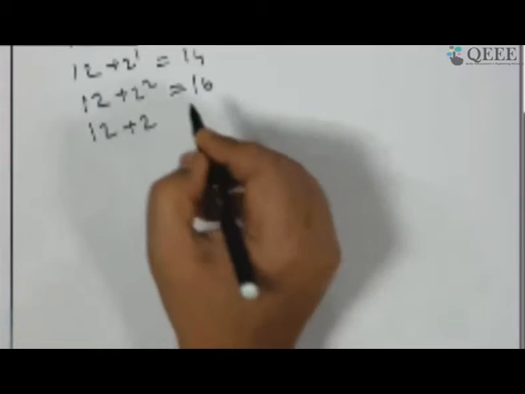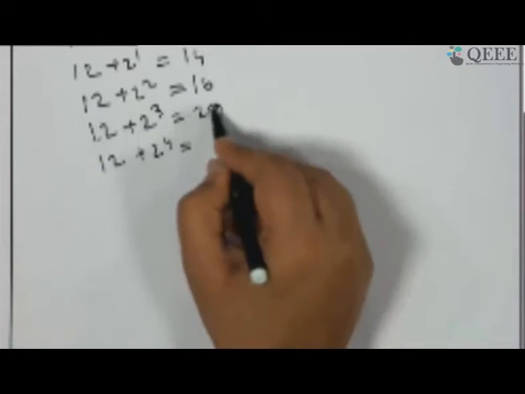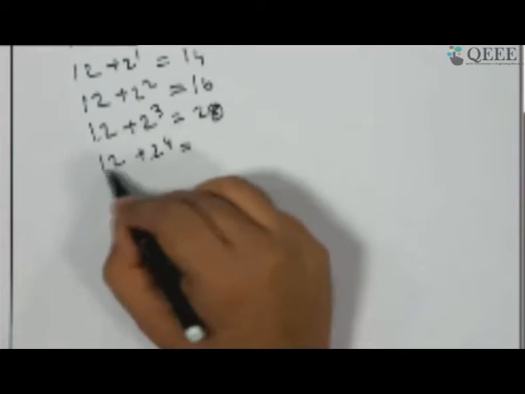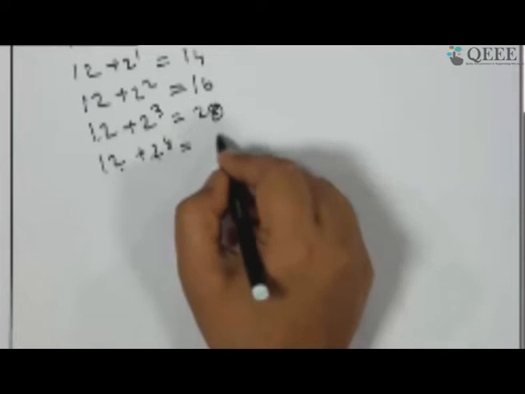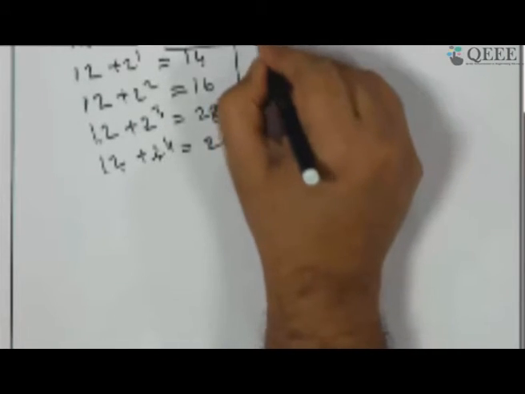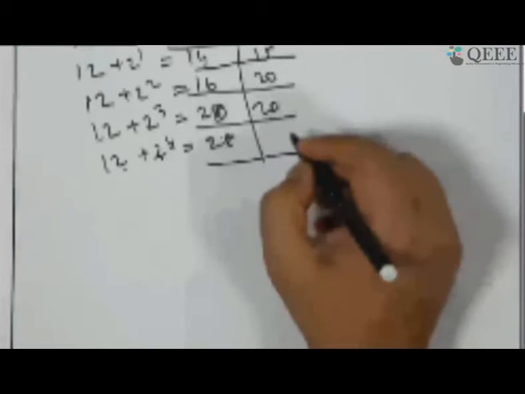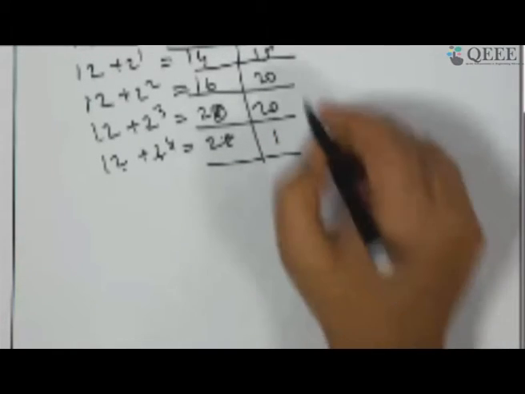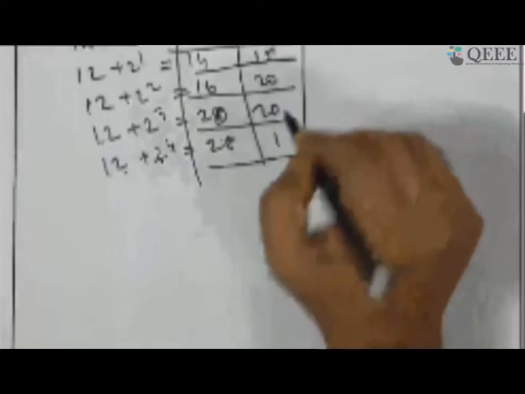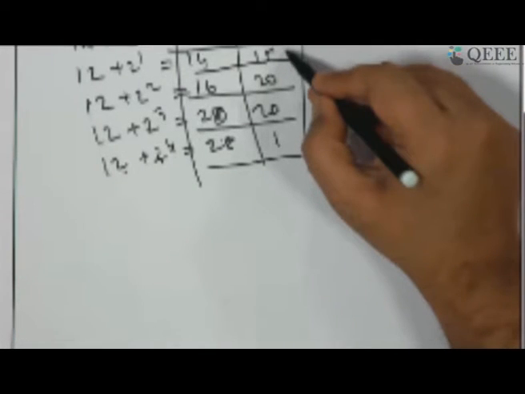Then 12 plus 2 to the power 3 is 20, and 12 plus 2 to the power 4 is 28. 13 maps to 15, 14 maps to 15, 16 maps to 20, 20 maps to 20 and 28 maps to 1. This is the finger table of 12. So now come to 12. The entry which is just less than 16 is 15.